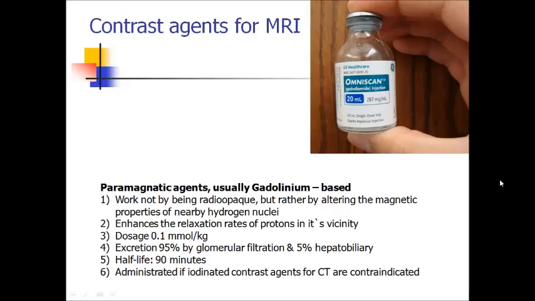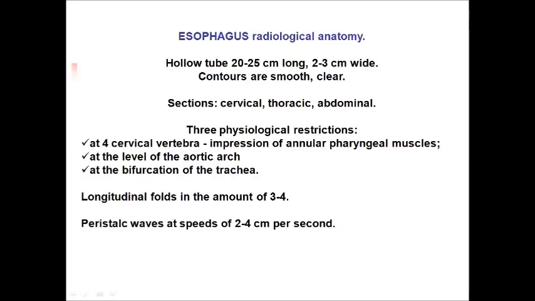If iodinated contrast agent or CT itself are completely contraindicated, the method of choice is administration of paramagnetic agents and performing MRI with this contrast enhancement. Now let's observe different parts of the digestive tract, anatomy and pathology.